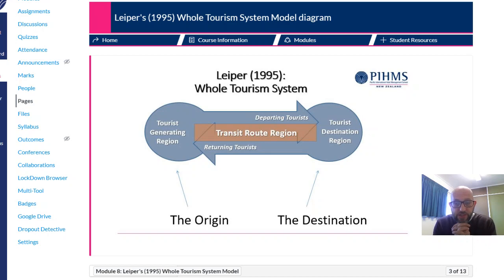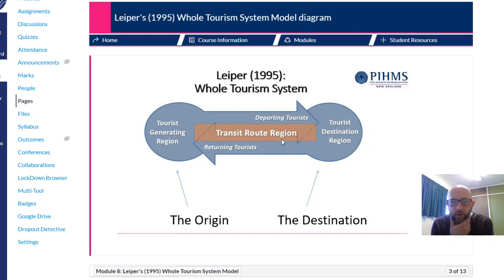Now, this model essentially has 5 different stages to it, and you can see here on the left-hand side, there's a tourism generating region, also known as the origin. Place of origin is where the tourist normally resides. Then in the shaded box, there's a transit route region, or TRR, also known as the transit region.